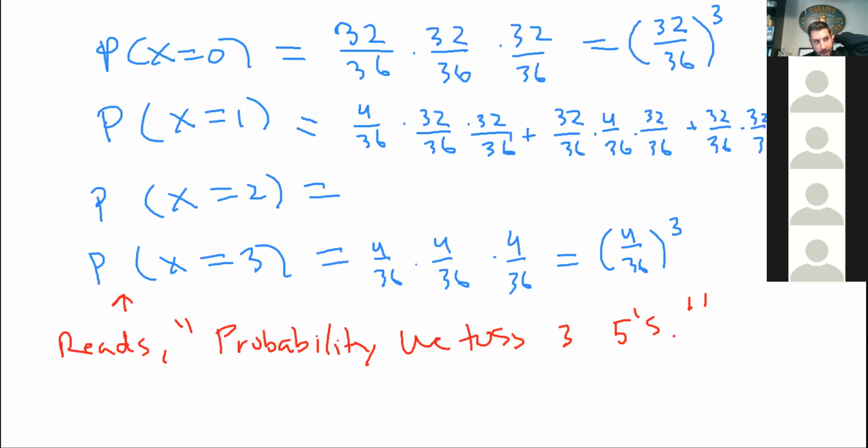Notice the same numbers keep popping up, so there's some shorthand for this if we wanted. We're actually going to learn a quicker way to do this before the end of the class. Some of you may already know what this is. What I'm trying to do through an example is motivate something called the binomial distribution, which makes this very easy to do.